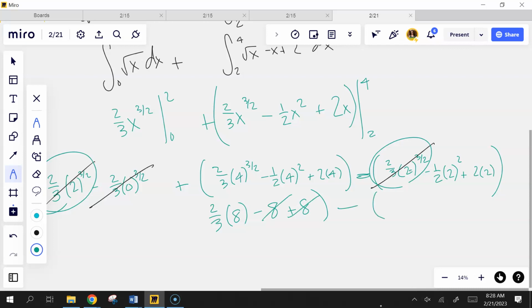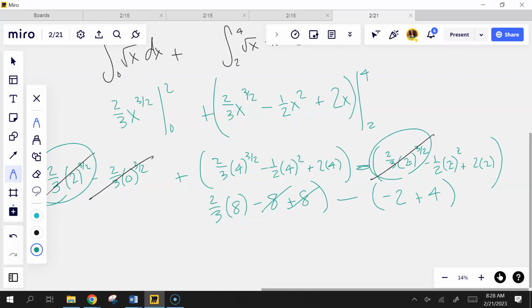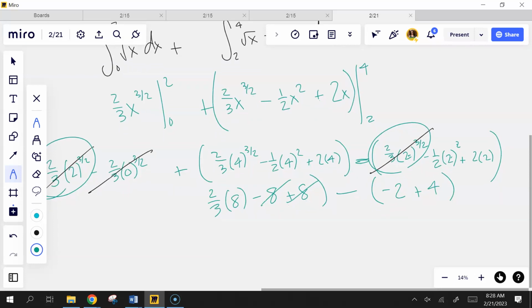Minus, this one's gone, negative 2 plus 4. Did I do that right? I got 10/3 for my area.